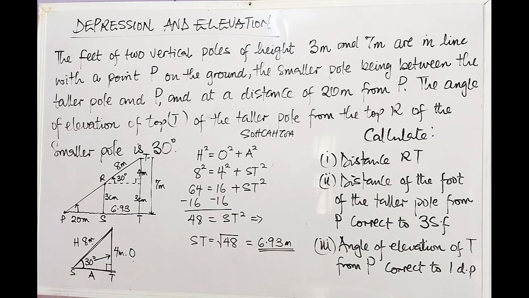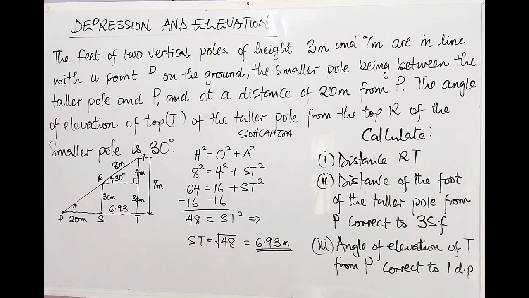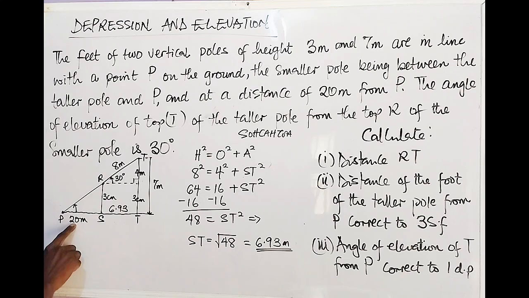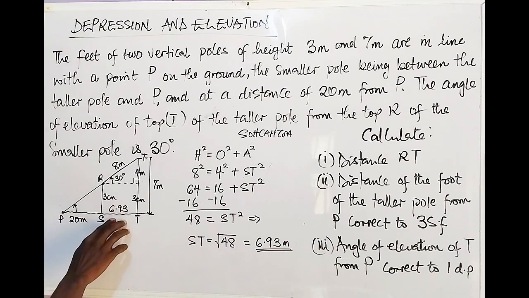Okay, now with this, we now know that from P to T is 20 plus 6.93, which is 26.93. And the height here is 7.